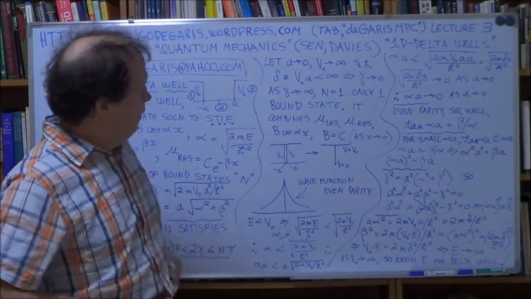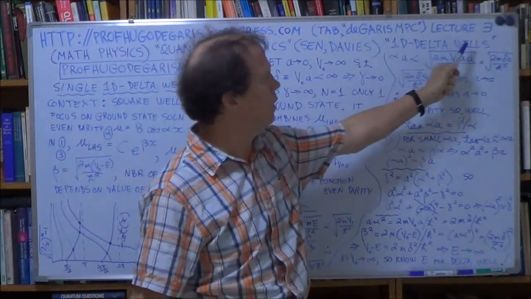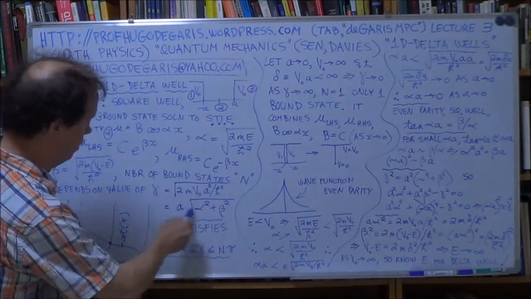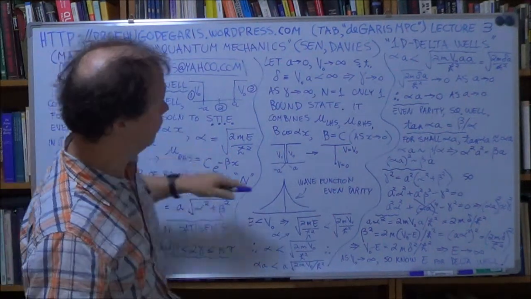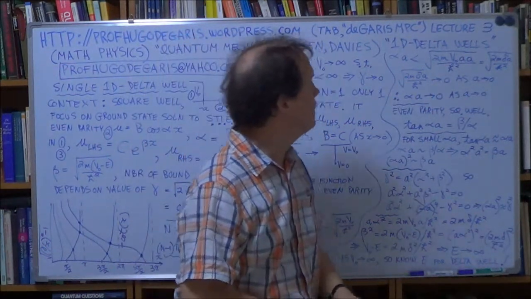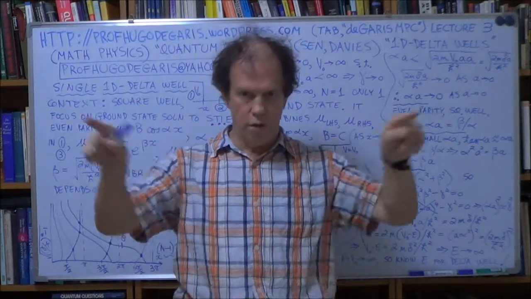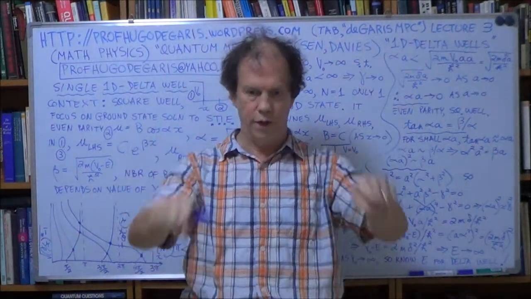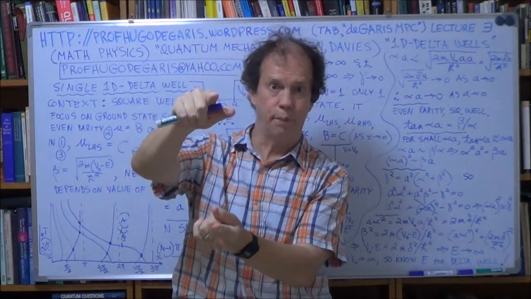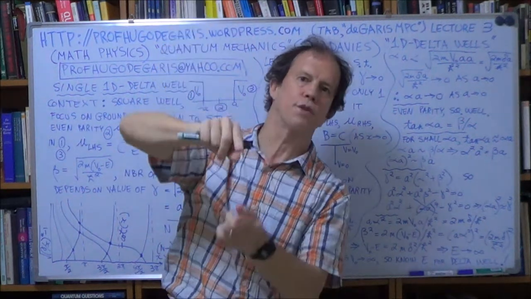Now we start talking about delta wells, not just wells. All this is sort of revision. Well, this is a bit new, but most of it is revision. Now we start talking about delta wells, and a delta well: you take your finite square well with a finite potential depth, V naught, but you make that V naught become larger and larger, it goes to infinity.